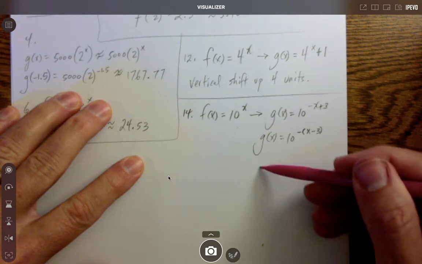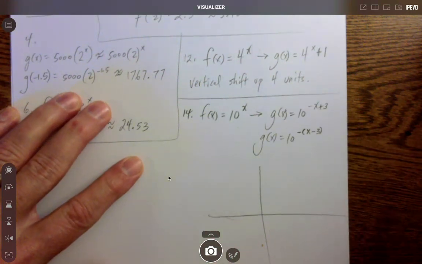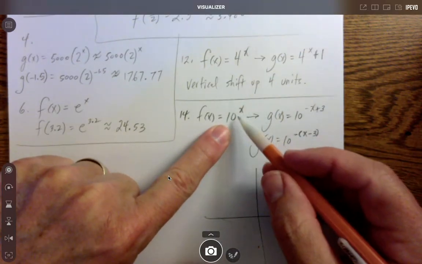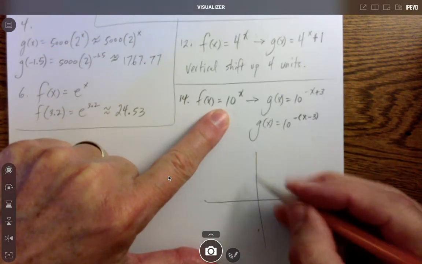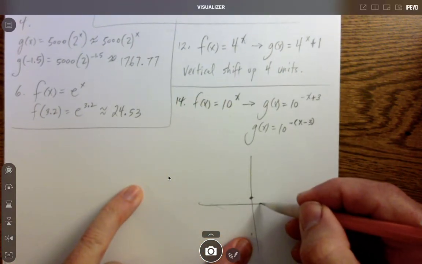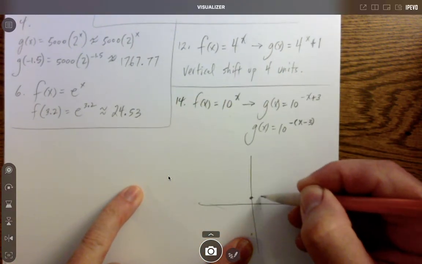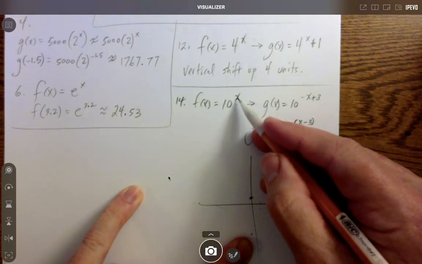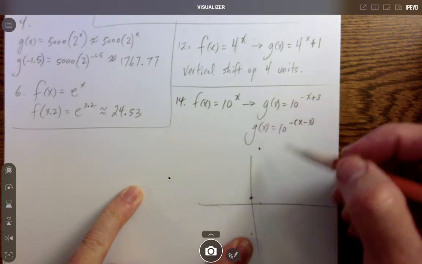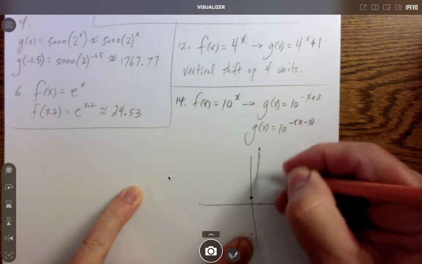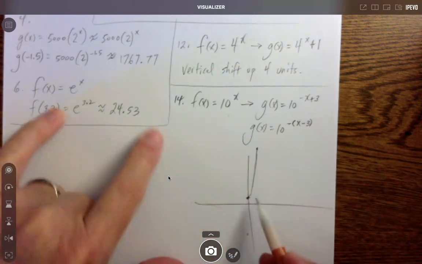So ten to the x is going to cross here at 1. And it's going to grow pretty quickly, right? So even at 1, it's going to be way up here at 10, right? Because when x is 1, y is 10. 10 to the 1 is 10. So it's going to do something like this. It will shrink very quickly as well.